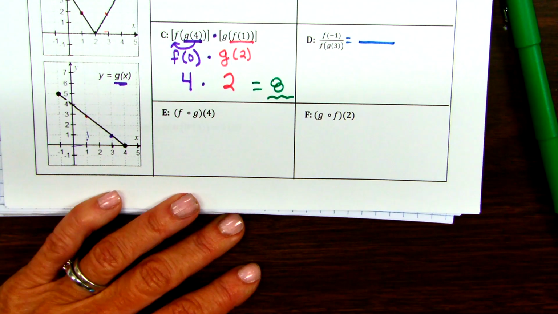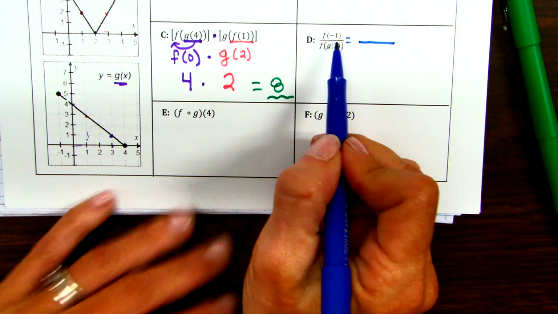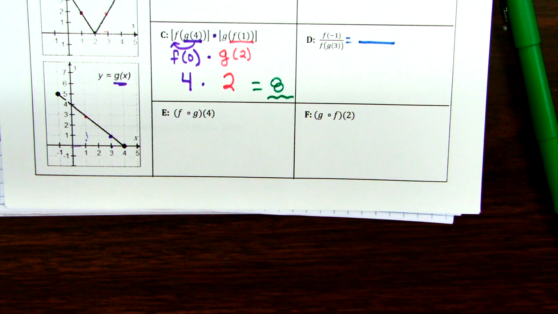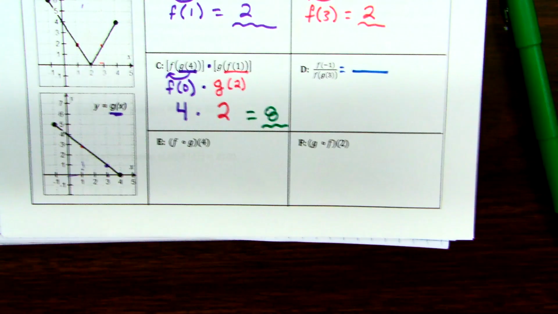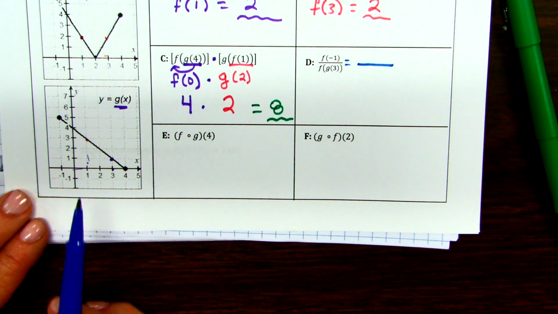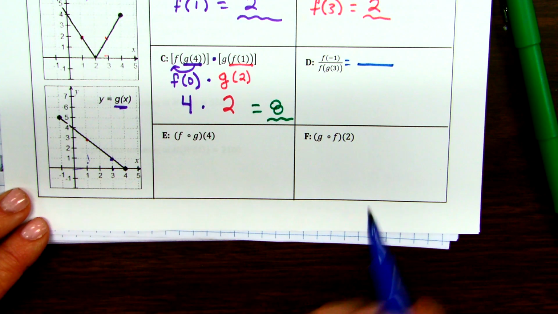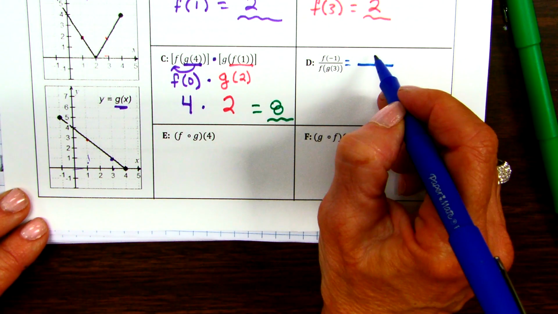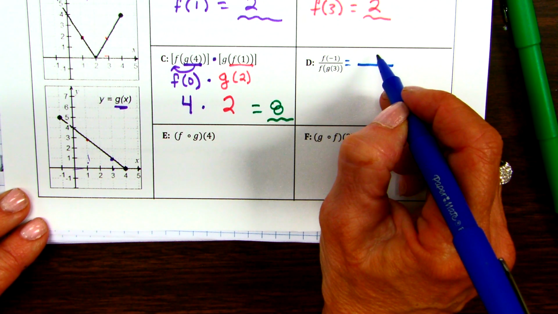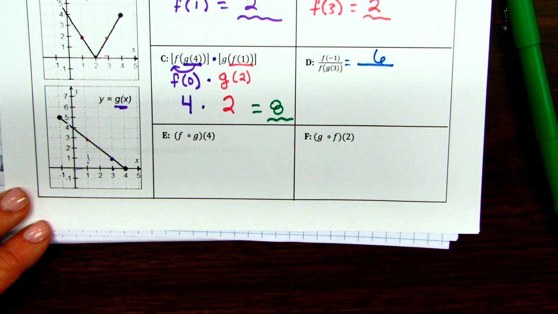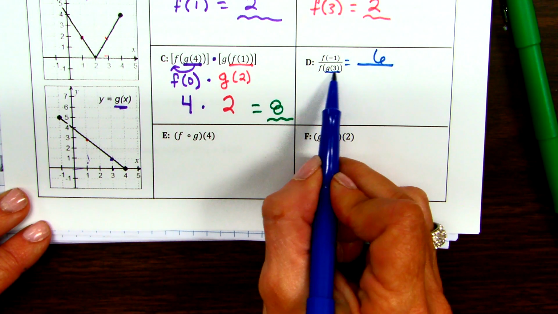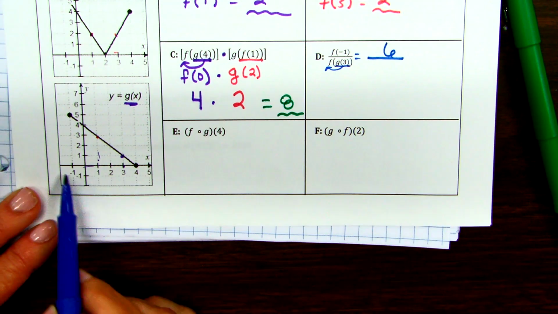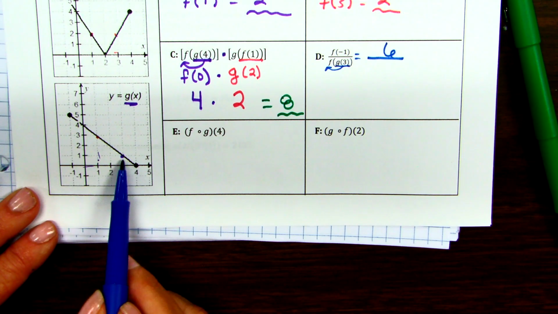You have a fraction. F of negative 1. There's no composition there. That's just f of negative 1. Go to the f graph. When x is negative 1, y is what? Yes, 6. G of 3 into the f function. So when g of 3 is 1, right?